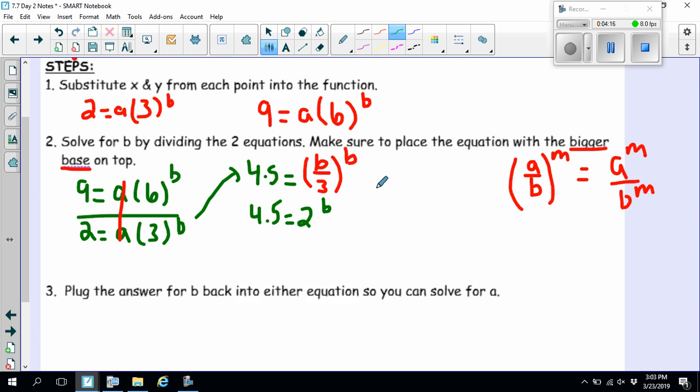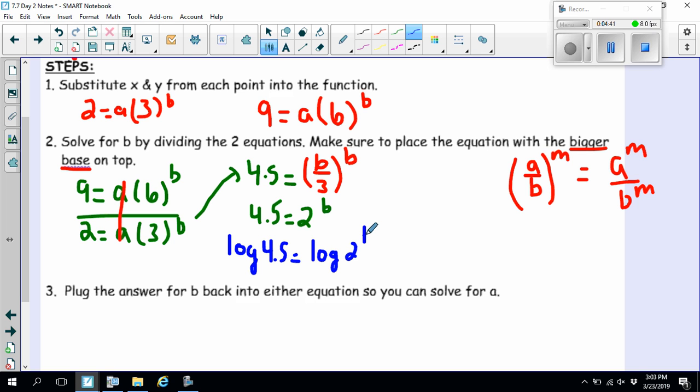This is why we did solving logarithms and exponentials before we did this. Because remember, to get this b out of the exponent, what we're going to do is take log on both sides. So we're going to have log of 4.5 equals log of 2 to the b.